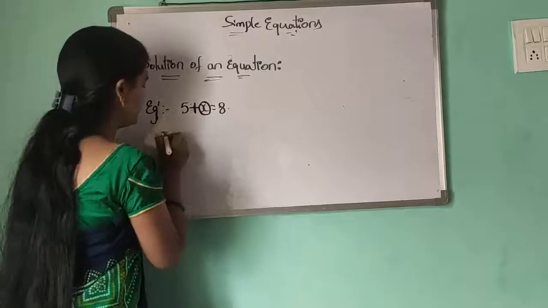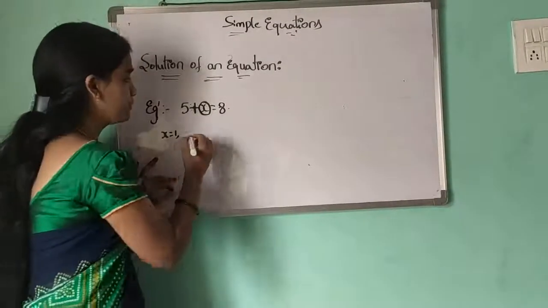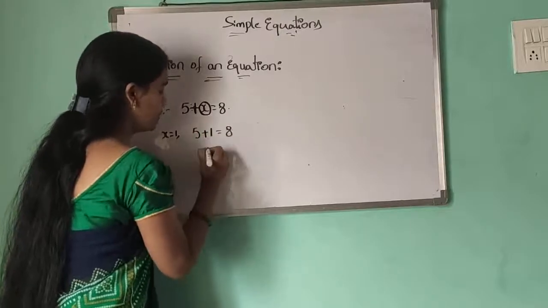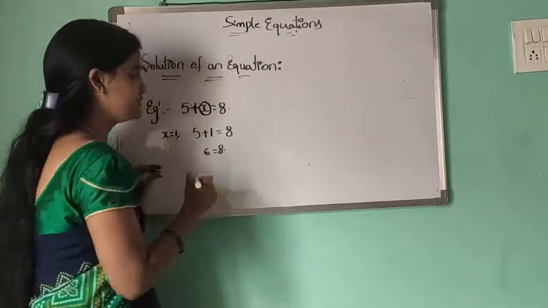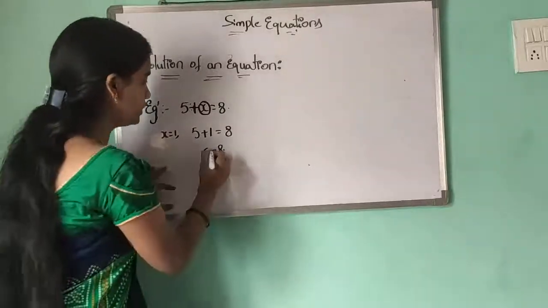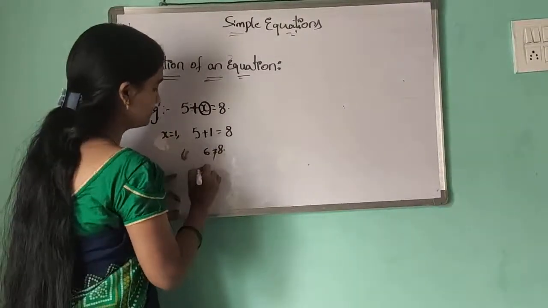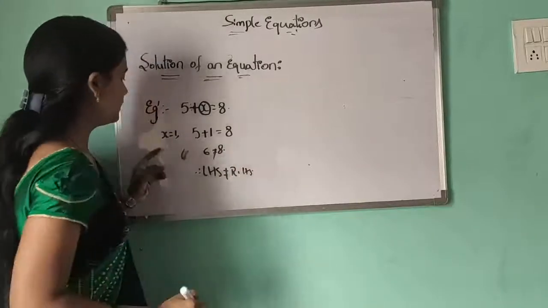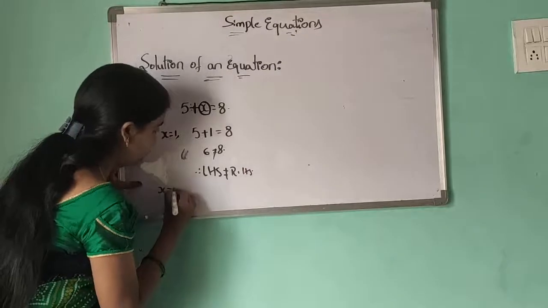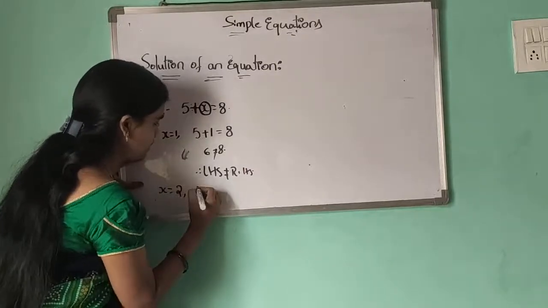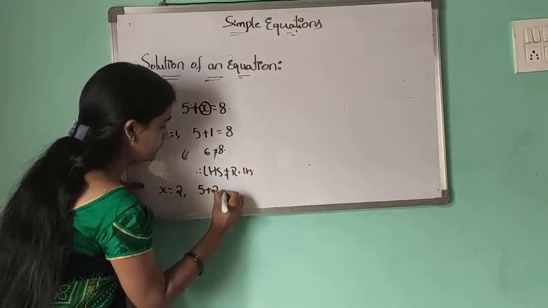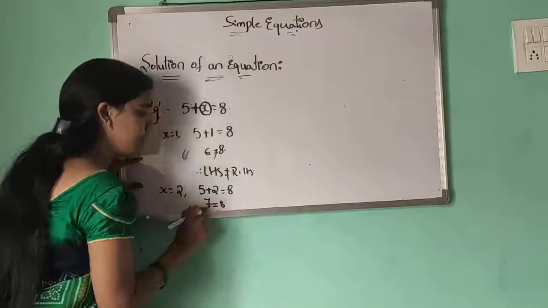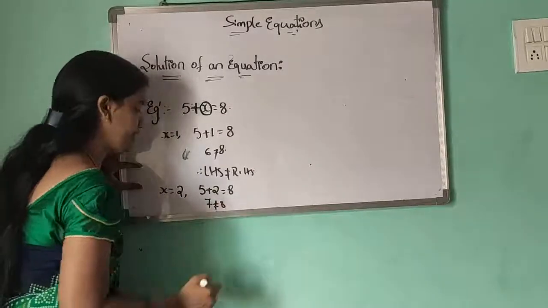For example, take x equal to 1: 5 plus 1 equal to 6, which is not equal to 8, so LHS is not equal to RHS. Take x value 2: 5 plus 2 equal to 7, which is also not equal to 8.